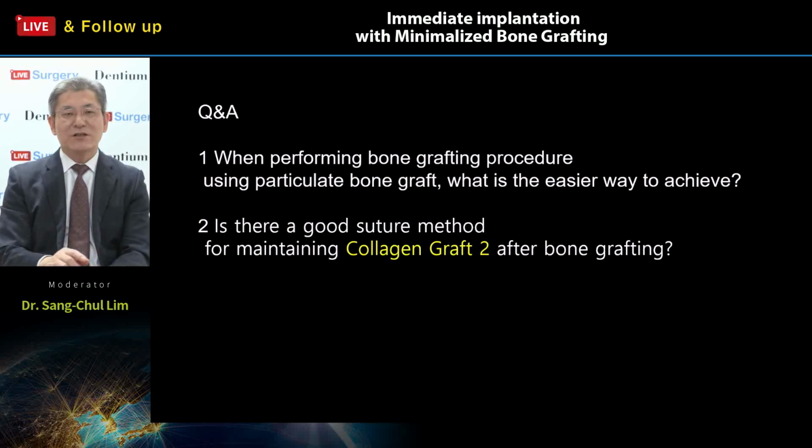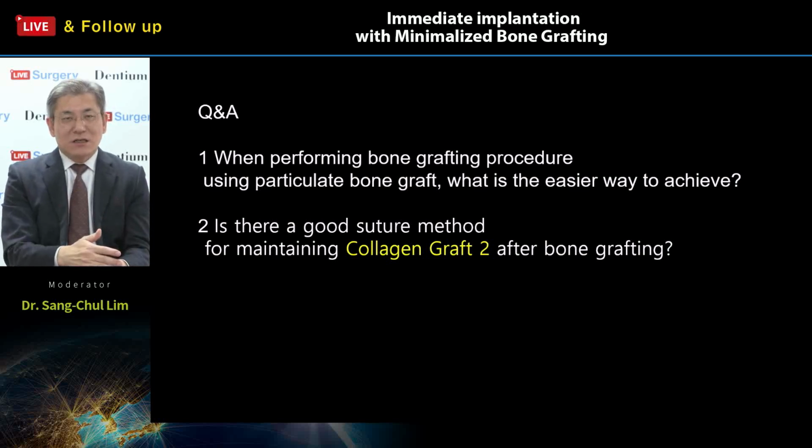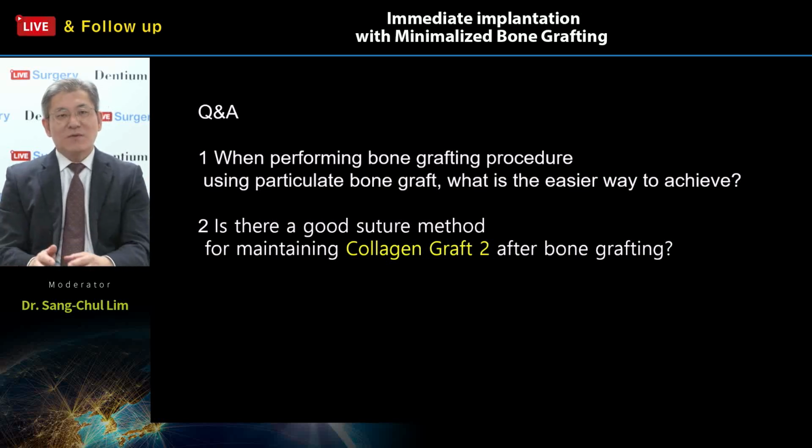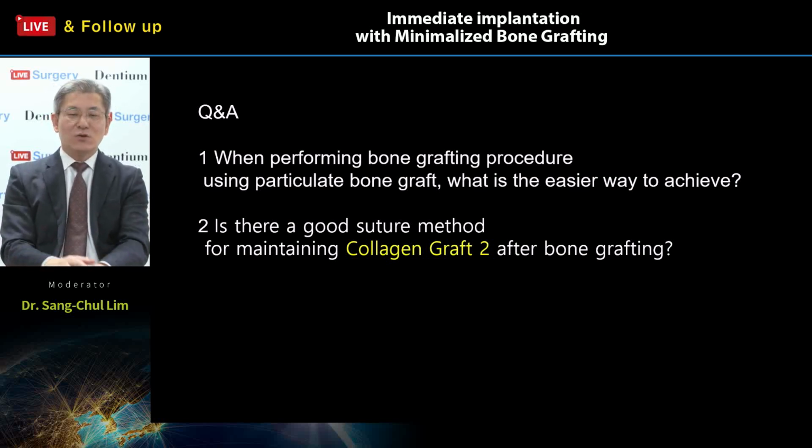And the horizontal mattress suture is also available and acceptable, right? So I think it depends on the purpose and situation. For only ARP, the internal cross suture is the best option. For immediate implantation, like today's case, you can do the interrupted suture, the internal cross suture is also available, and the mattress suture you can apply for this purpose, right?